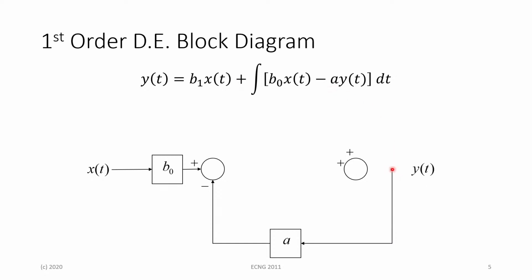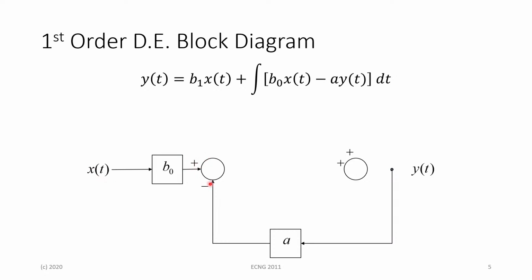We draw a line from the output y(t), connecting to our a component, so this will become a y(t), and then we submit this to our negative sign, saying we add this with our b0 signal, which is b0 x(t). So b0 x(t) is represented from our input, because x(t) is our input. The b0 component is being multiplied by x(t).